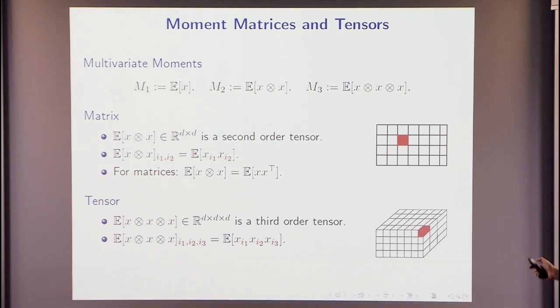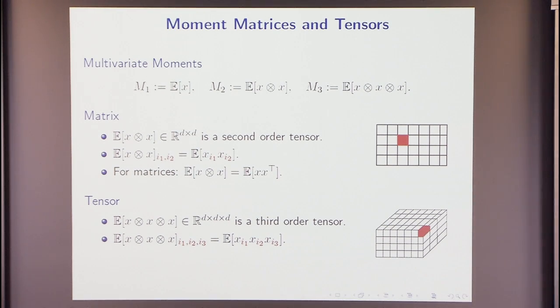So if we think of a matrix, we can think of the indices of the matrix representing correlation between every pair of variables. Now, if you think of, say, a third order tensor, similarly, we can think of the tensor incorporating the third order moment for every triplet of variables. So we can represent moments in this form.